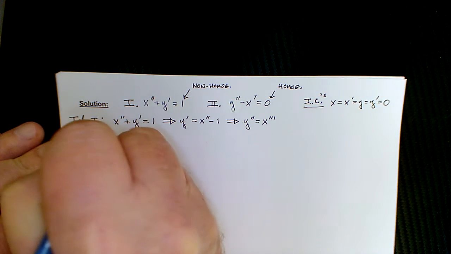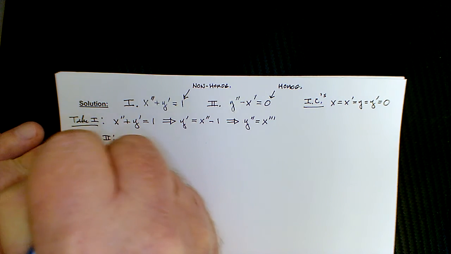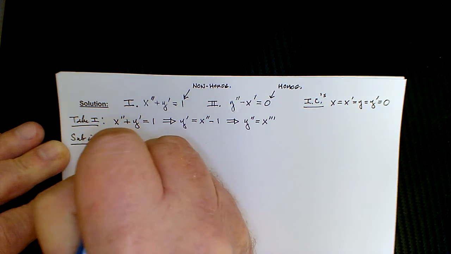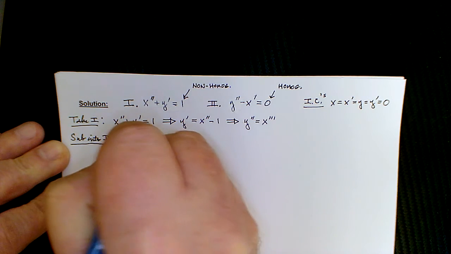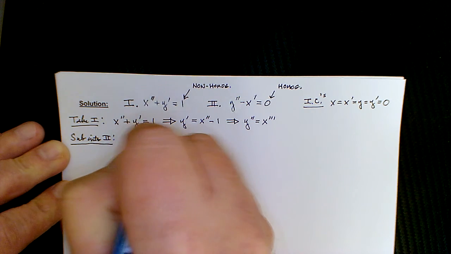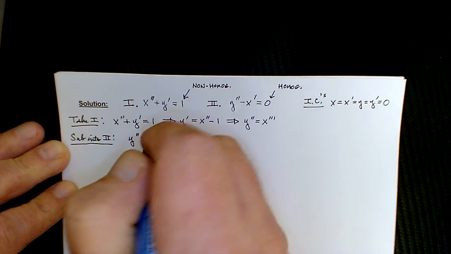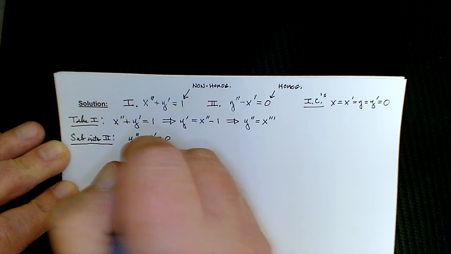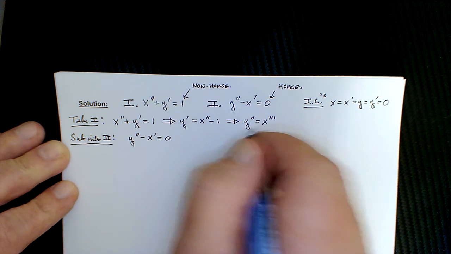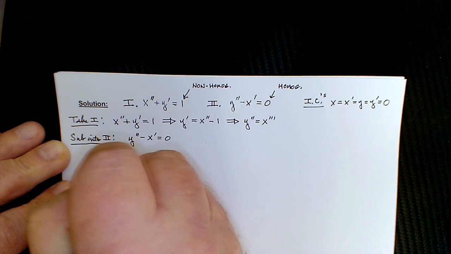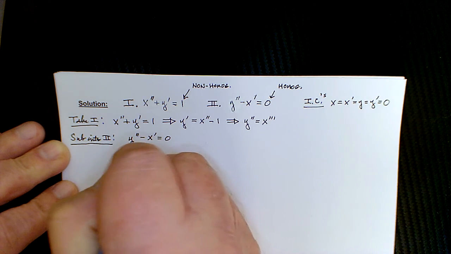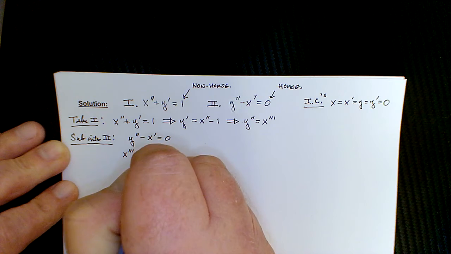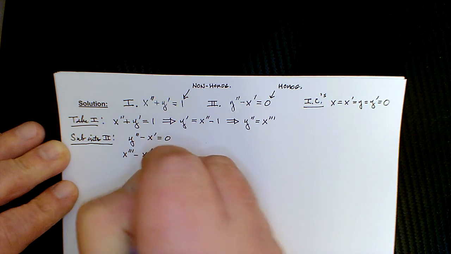Okay, now we're going to substitute that into number 2. So equation 2 was y double prime minus x prime is 0. So y double prime is x triple prime. So x triple prime minus x prime is 0.